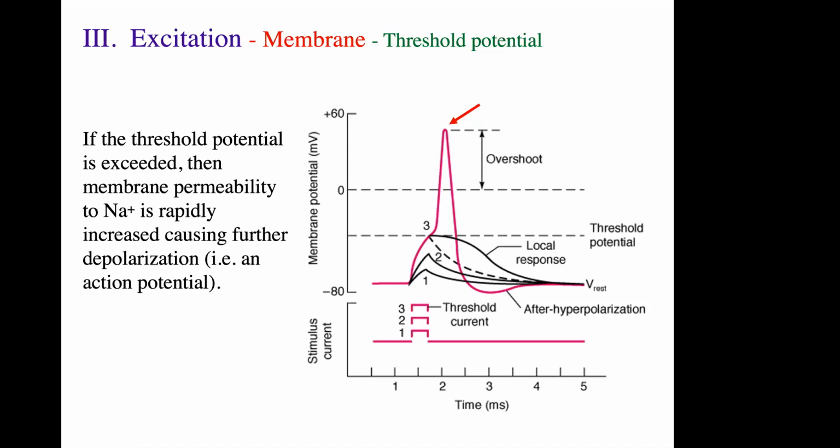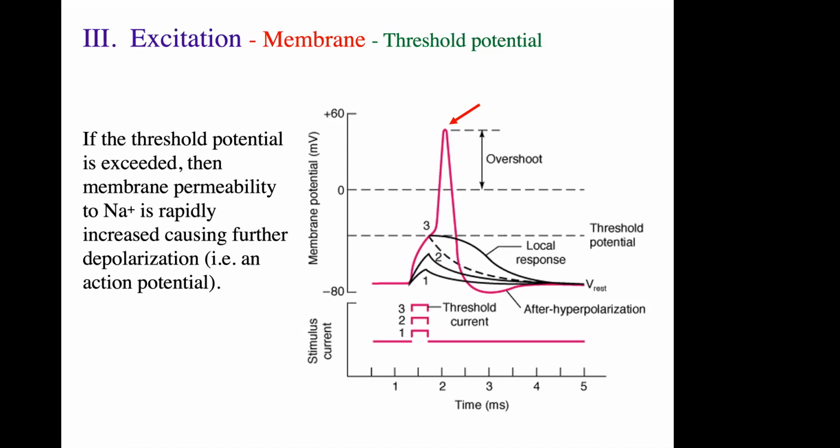The sodium just rushes inside the cell and rapidly depolarizes the cell. Not only does it depolarize the cell, the membrane potential is going to exceed 0. In other words, membrane potentials are normally negative. Remember that from last time. They actually will overshoot the 0 point and become positive.